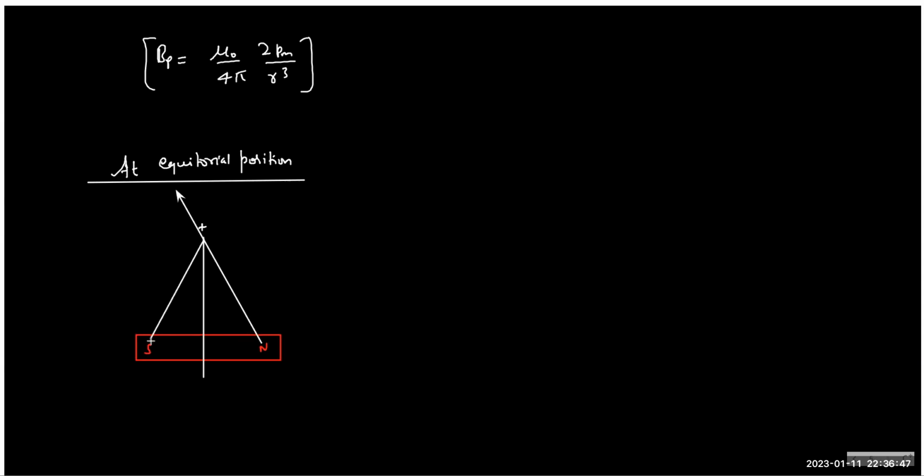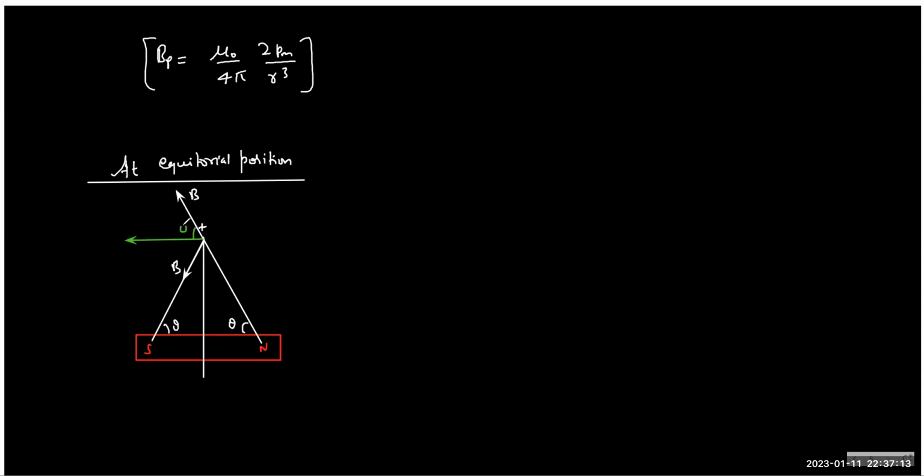And south will attract. So the field the north will create is, let's say, B, because south is also equidistant. Can we say this is also B? And therefore the resultant will be towards the left.